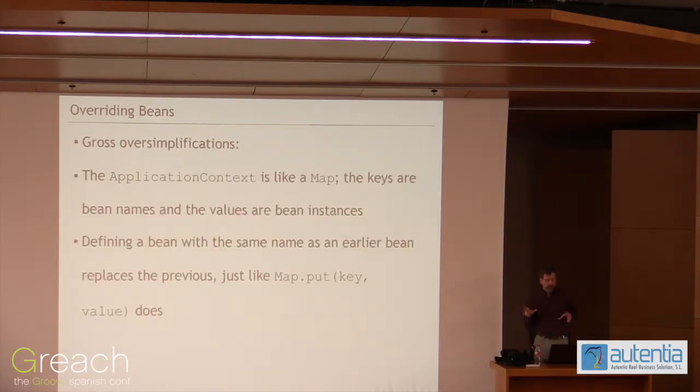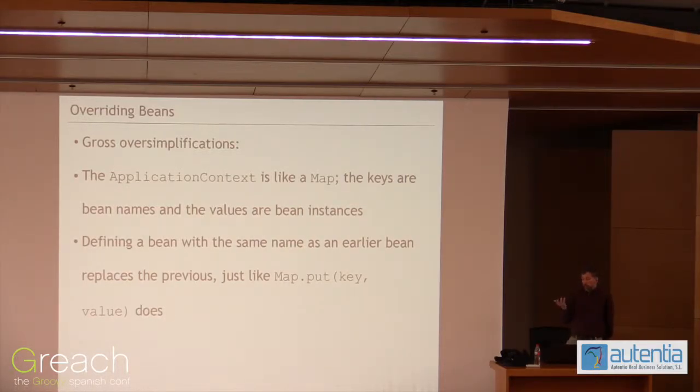The reason that works, and this is way oversimplified, is that you can think of the application context as a map. It's just key value pairs, right? There's the bean name and then the bean instance. That really only makes sense for singleton beans, because of course there's the concept of prototype beans, where you get multiple instances. So I'm really talking about singleton beans, and this is a very simplistic view.